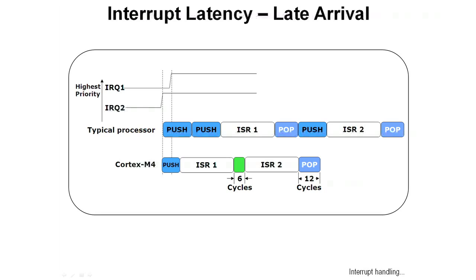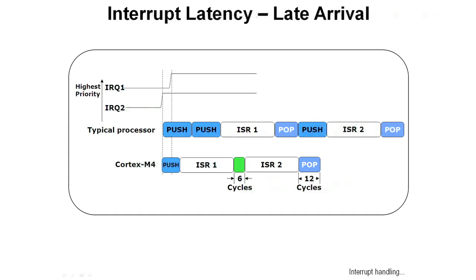In this case, we have the lower priority interrupt, IRQ2, going off before the higher priority. What we'd really like is for the processor to transfer and handle interrupt request 1 before interrupt request 2, if that's possible. In a typical processor, it would be starting to push the status of the processor for IRQ2.